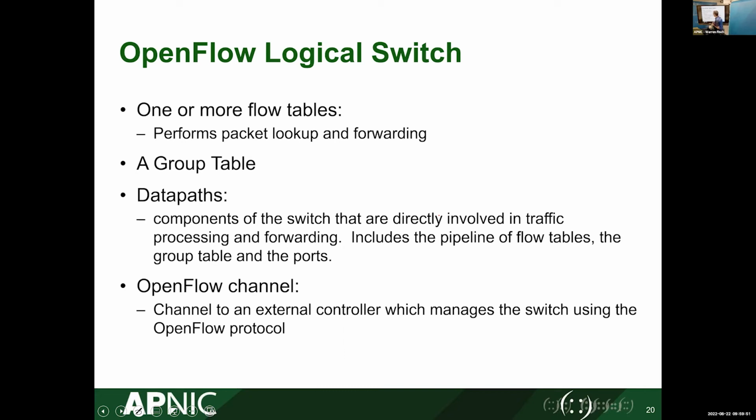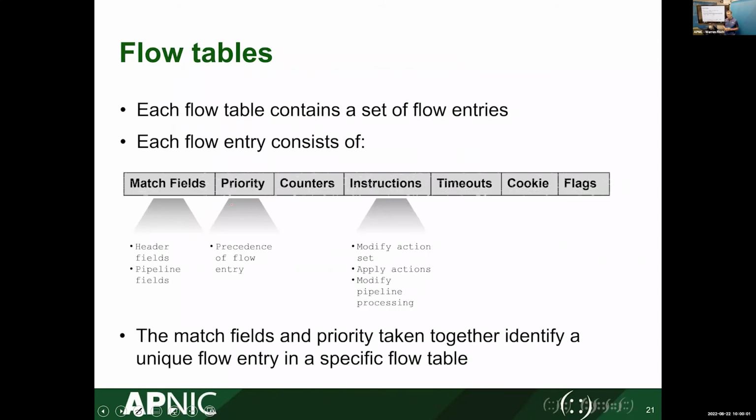Our group table allows us to have our data paths that allow us to switch traffic directly and speed it through the network. So our flow tables are usually made up of what's called a match field, a priority, a counter, instruction, timeout, and some other settings there.